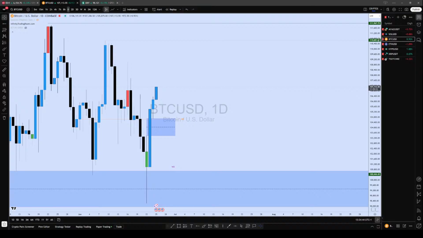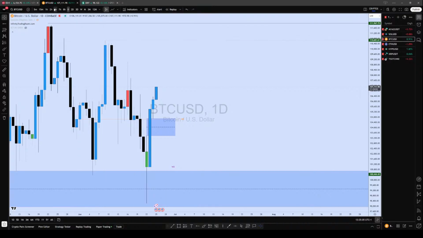So we are looking for a continuation to the upside for 110681. That is where currently price is going. So look for potential buys.